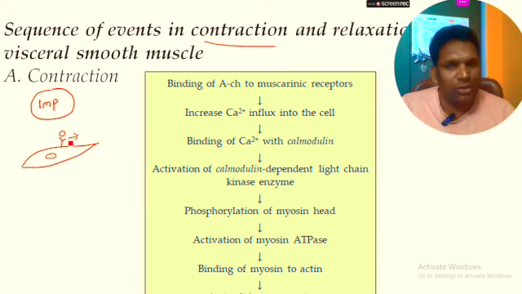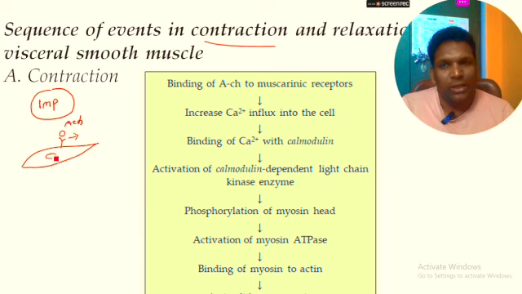When acetylcholine binds with the muscarinic receptor, intracellular calcium increases, with calcium influx into the cell.